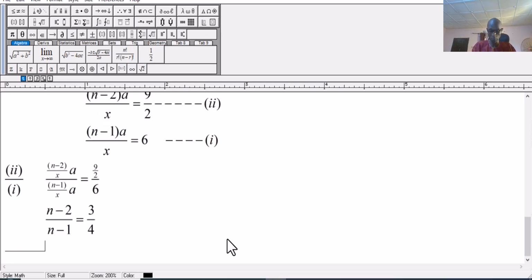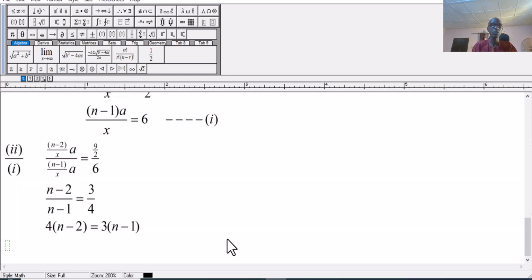So we can cross multiply, we can say 4 into n minus 2 equals to 3 into n minus 1. So we have 4n minus 8 is equals to 3n minus 3.